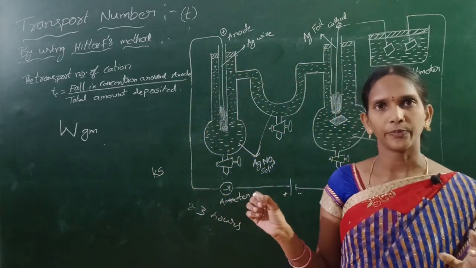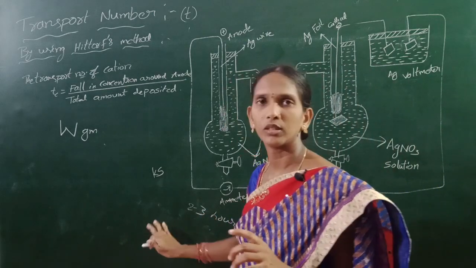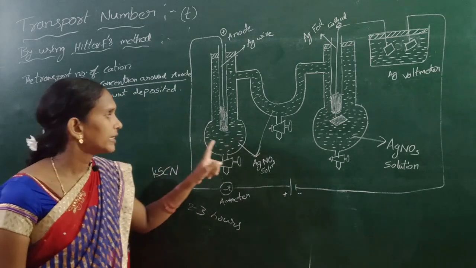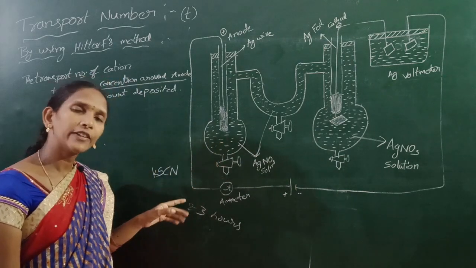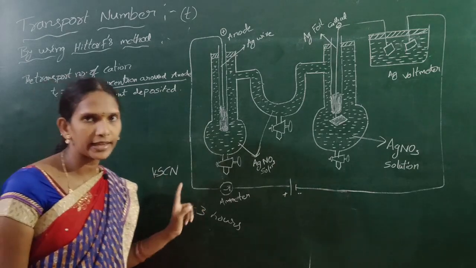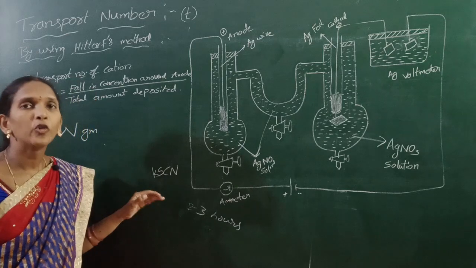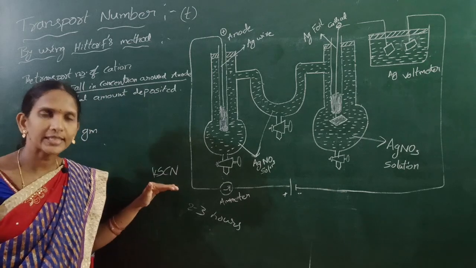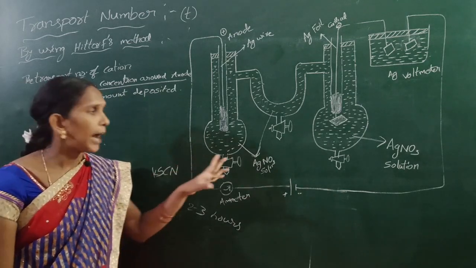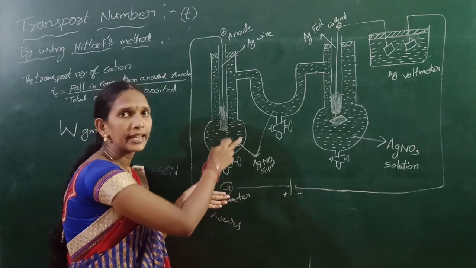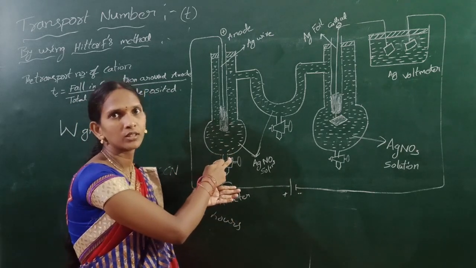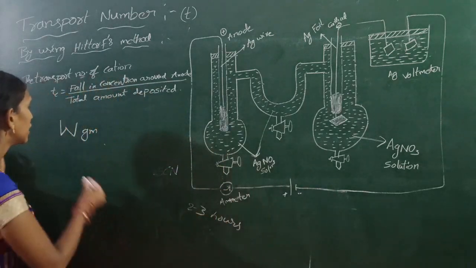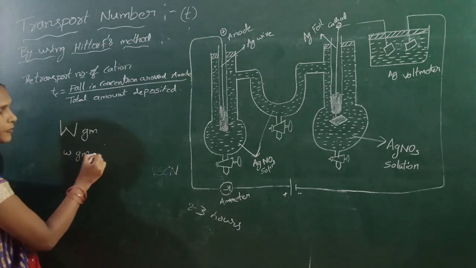This AgNO3 solution is titrated with potassium thiocyanate solution. From this titration we can find out the amount of silver present in the AgNO3 solution after electrolysis, that is small w grams.